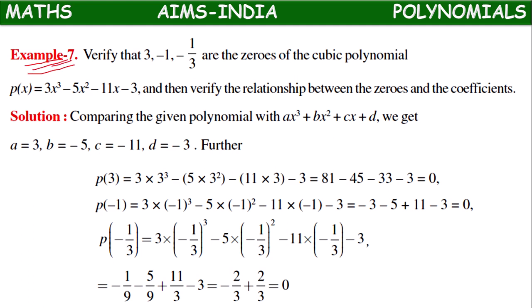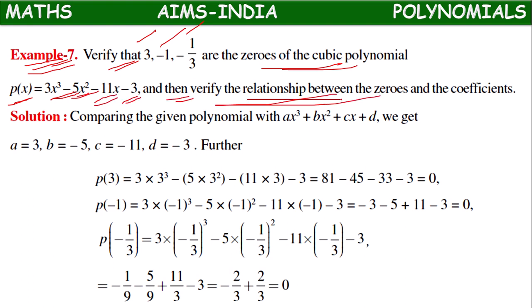Next, children. Example 7. Verify that 3, minus 1, minus 1 by 3 are the zeros of the cubic polynomial p of x equal to 3x cube minus 5x square minus 11x minus 3, and then verify the relationship between zeros and coefficients.